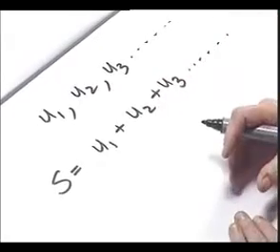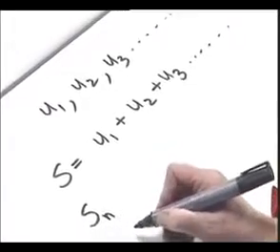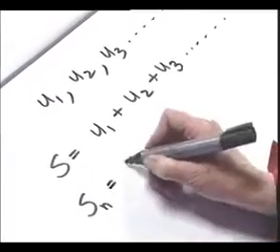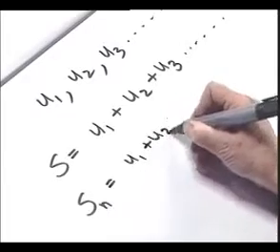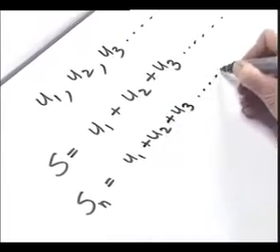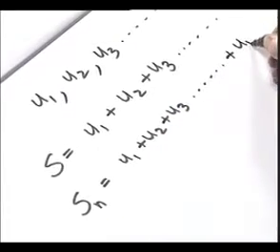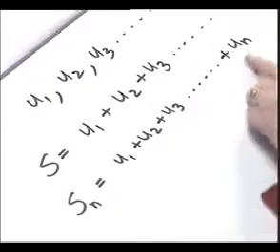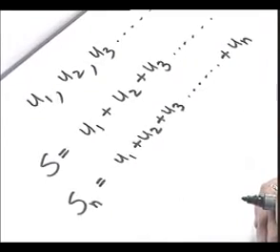This sum goes on and on. But if we want to sum n terms, then we can write that the sum for n terms equals U1 plus U2 plus U3 up to Un. And those are n terms.